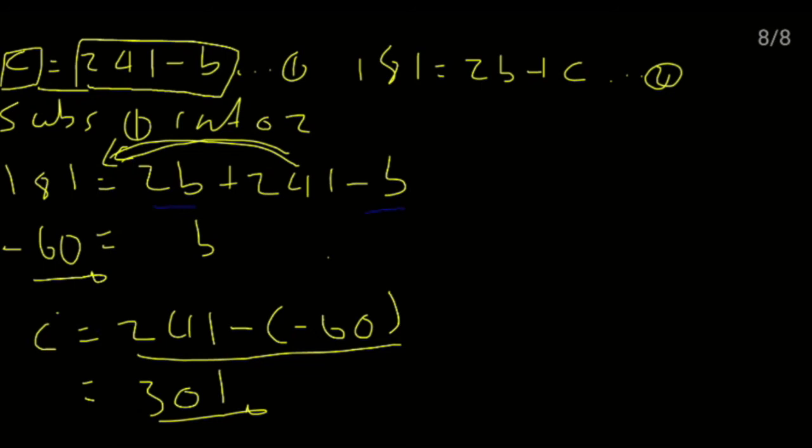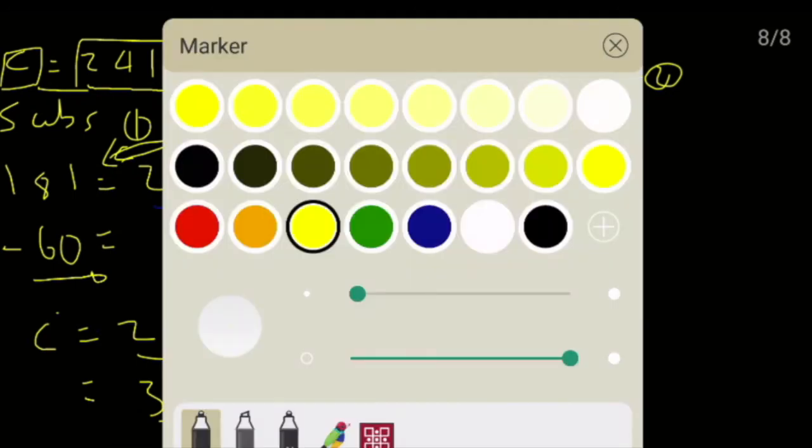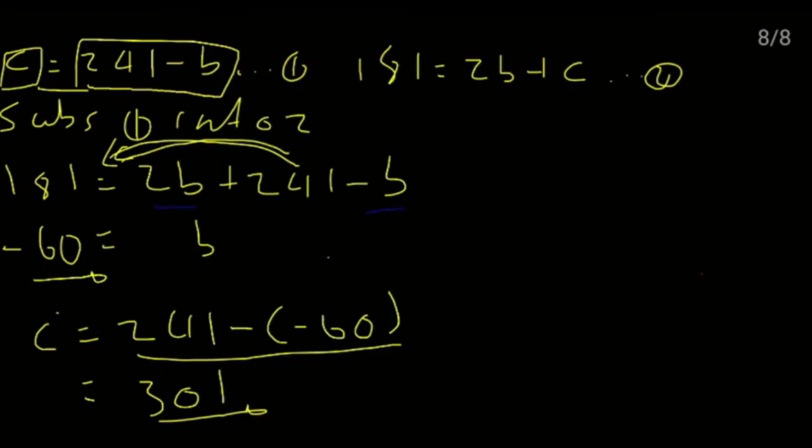Now that we have determined the value for a, the value for b, the value for c, we can go back to our equation. Let's go back to our equation and say Tn equals 3n squared, right, minus 60n plus 301.